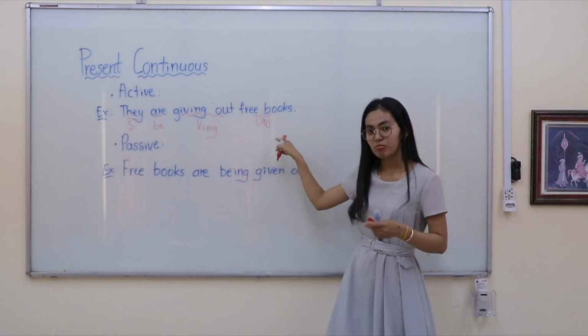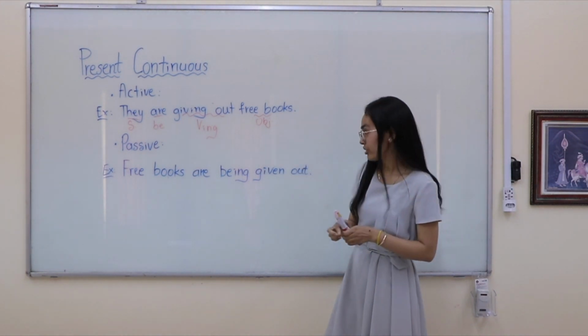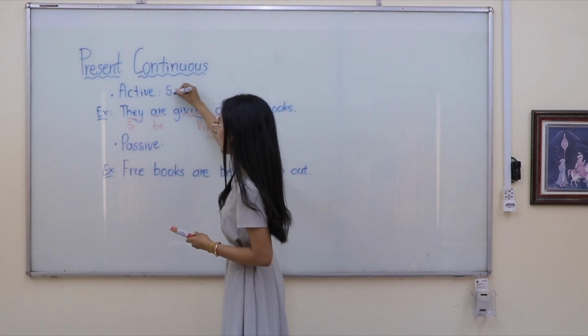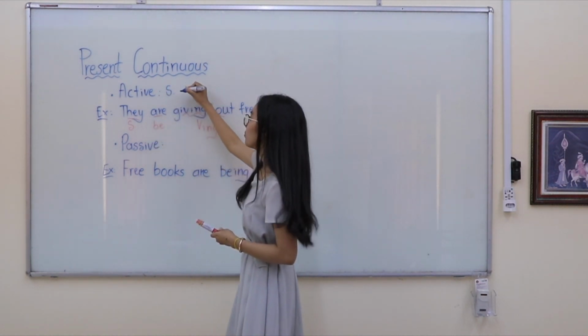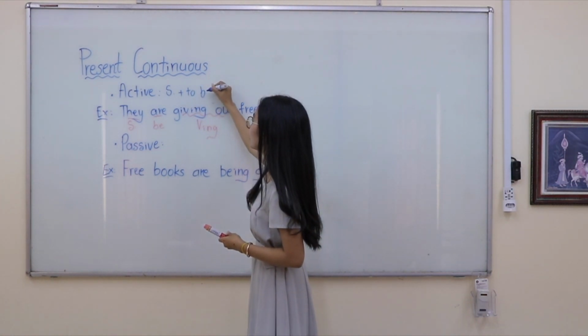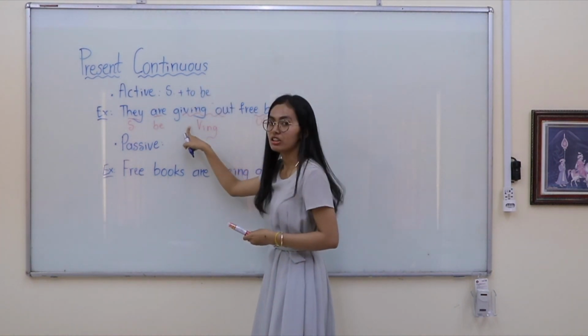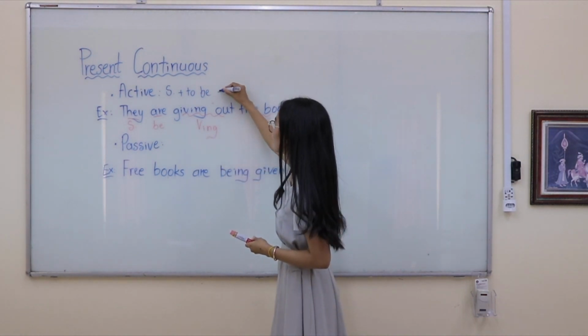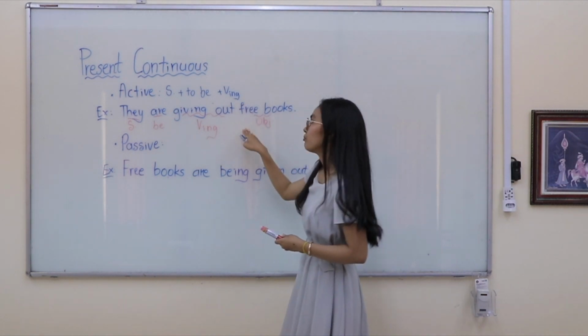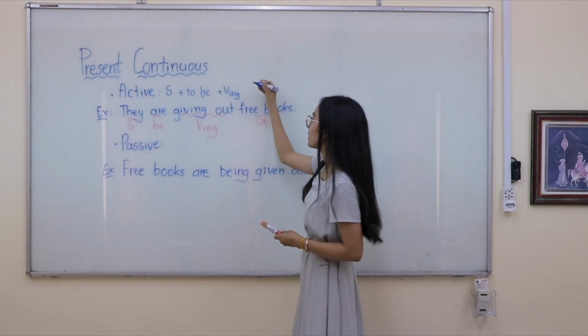So from this example, we've got the form of continuous active right here: subject, "they," plus verb to be, plus verb-ing, plus object, "free books."